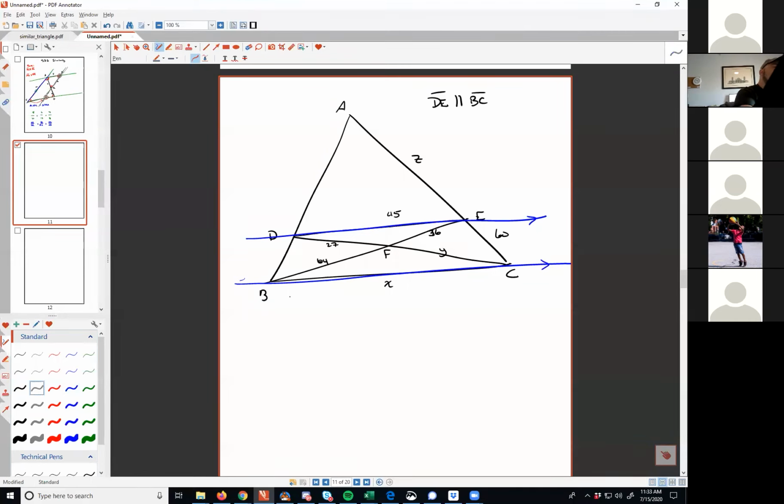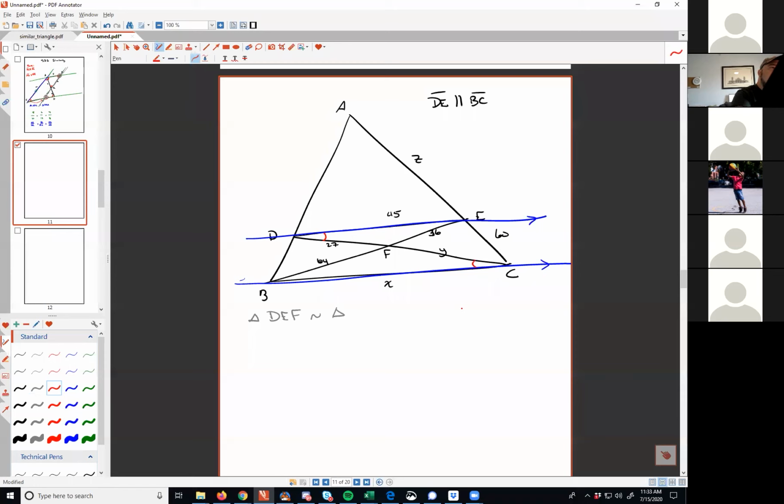Okay, say that to me once again. Did you say DEF? Yes. And that's similar to which triangle? It's similar to triangle BCF. So not quite. Let's go about marking our angles.